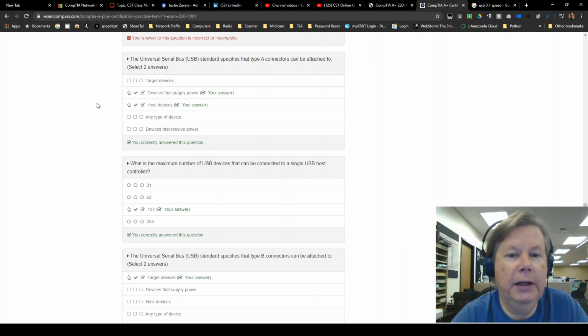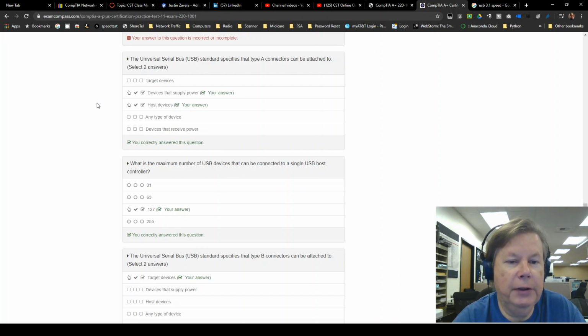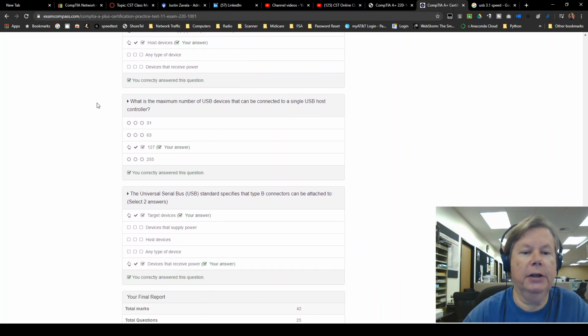And a device that is receiving the power would be something like a flash drive or a USB portable hard drive. So that would be getting the power from the host device. So we'll go into that on a later question.